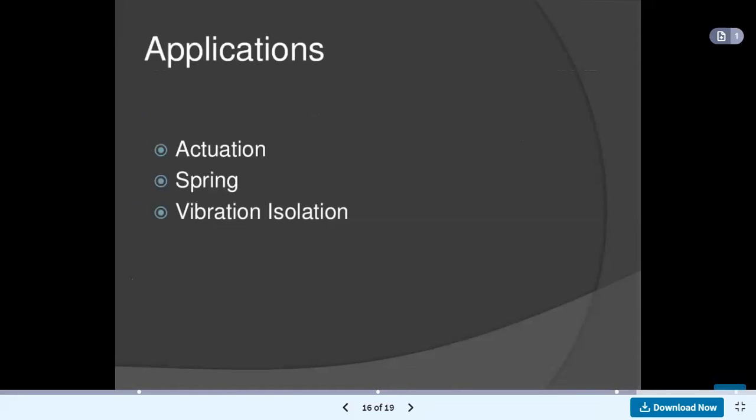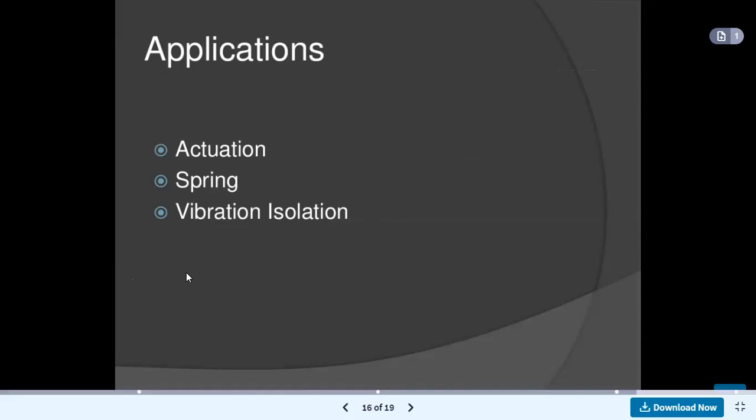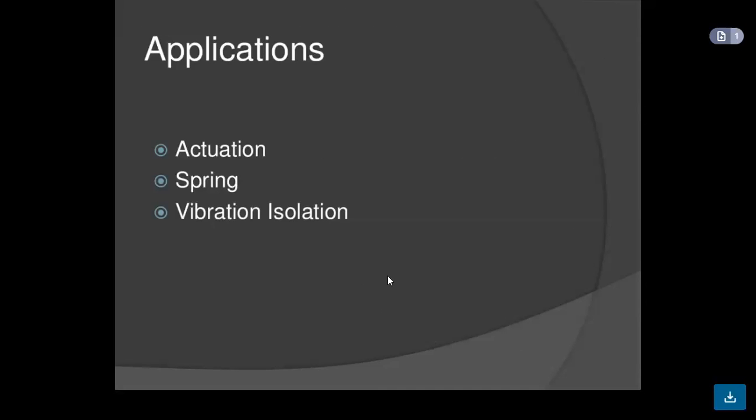If we see the applications, then different applications are there. It is used for actuation, then it is used as a spring, then it is used for vibration isolation. So if we actuate any machine, then also it is possible to use this, because the diameter increases when we use compressed air, or the diameter decreases when the air compression is less, and this type of motion is used for actuating the devices.